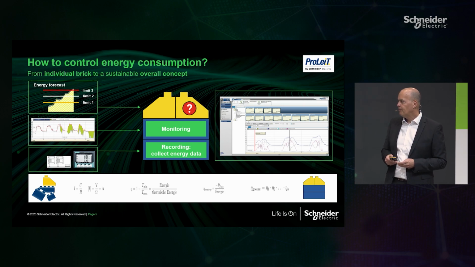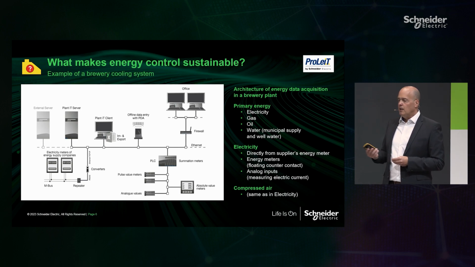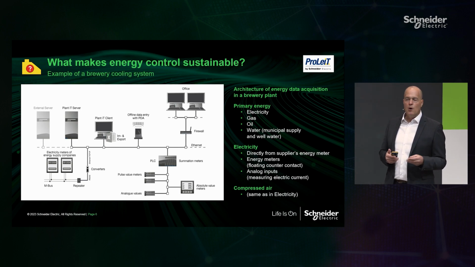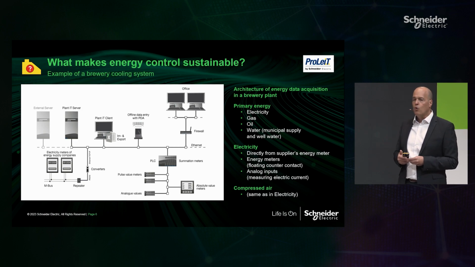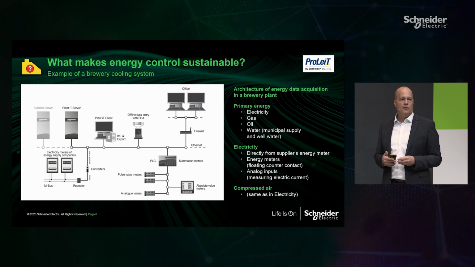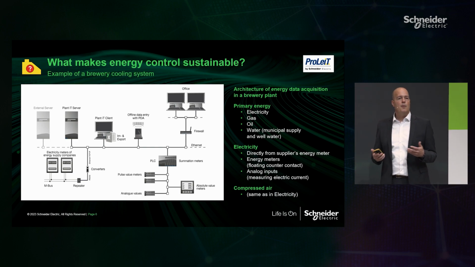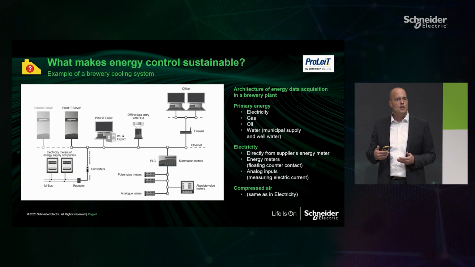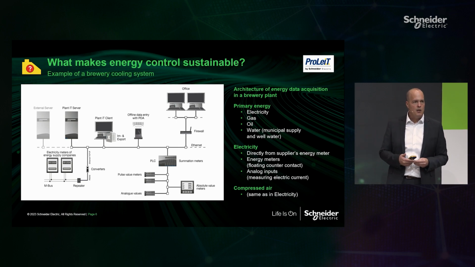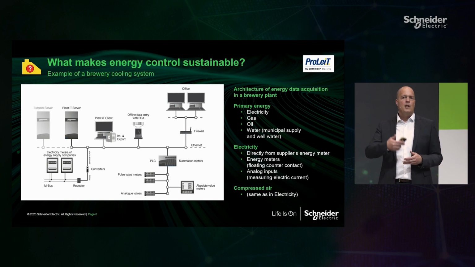But what's more, we see here the use case from a brewery, where we have the example of a cooling system. We need to look at the processes themselves. Sometimes we have processes in the plant that use a lot of energy, but it's not mandatory that they consume the energy all the time. Especially in the cooling part, as we are talking about breweries here, as you can see, we have huge tanks, huge vessels which are getting cooled.